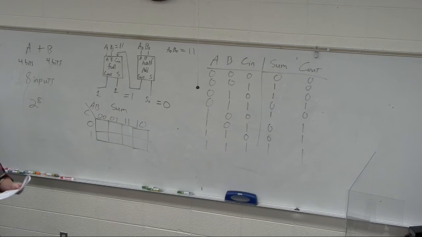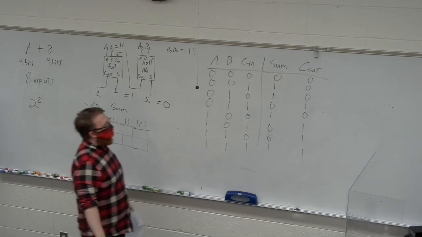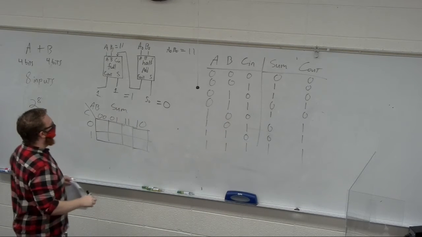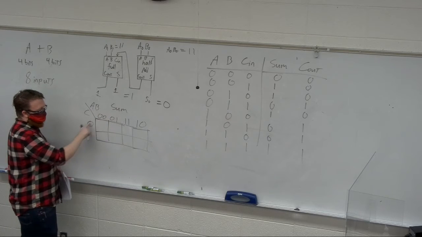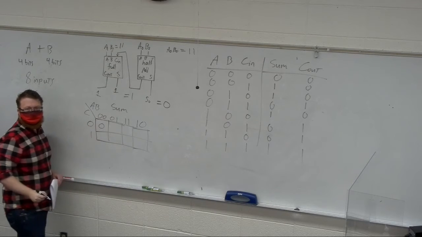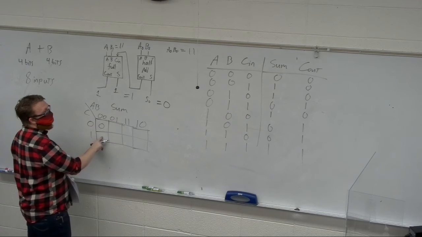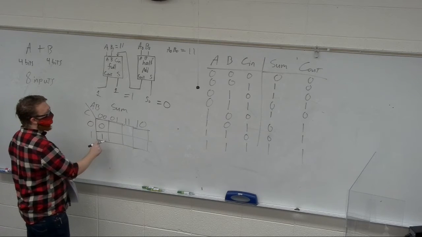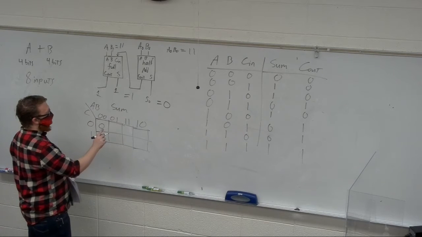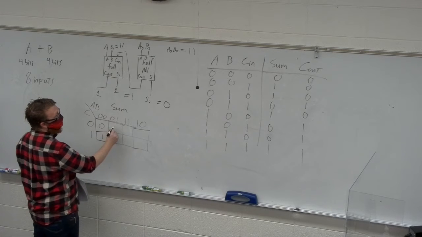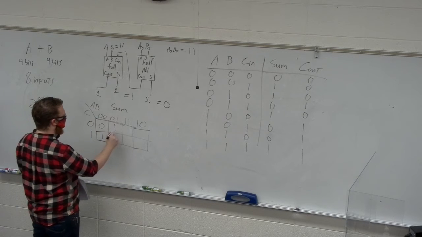What's important to us is probably the ones, right, the min terms. So we're looking at sum, and we're going to say something like, well, if A, B, C is 0, 0, 0, it is 0, right? If it is 0, 0, 1, we've got 1. If we've got 0, 1, 0, we get 1.